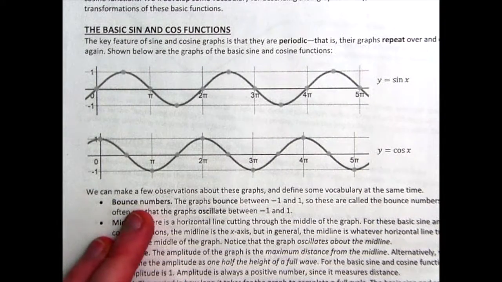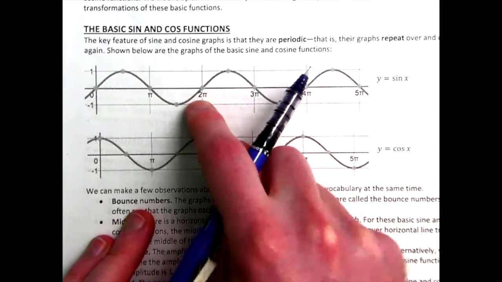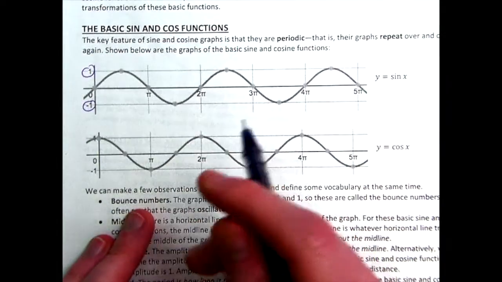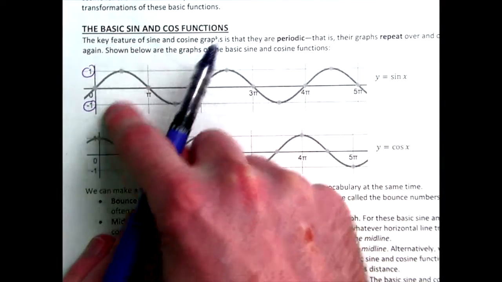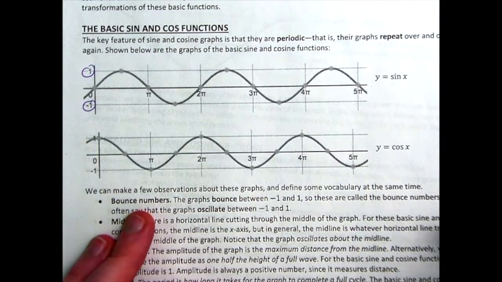The first thing that I want to point out is the bounce numbers. Both of these graphs bounce between two y values. That would be -1 and +1, right? You can see that the graph bounces between those two numbers, -1, +1, -1, +1, and so on. So we call those the bounce numbers.